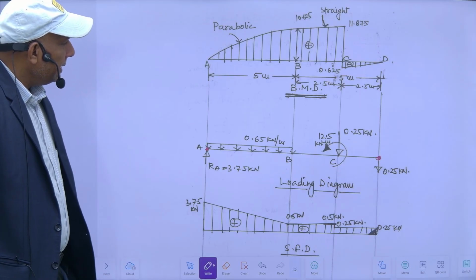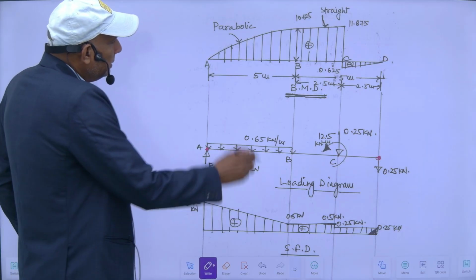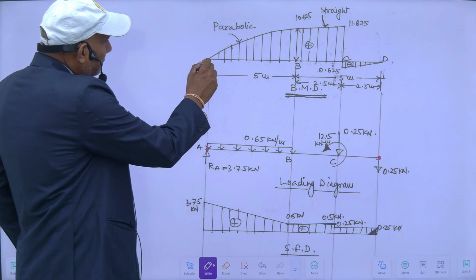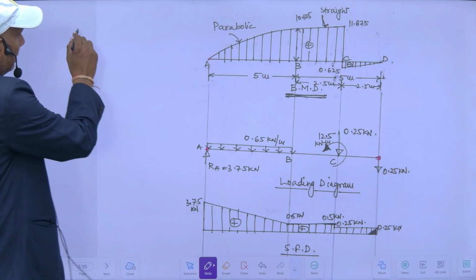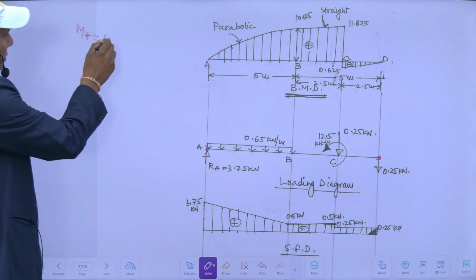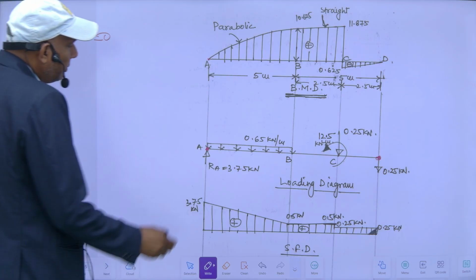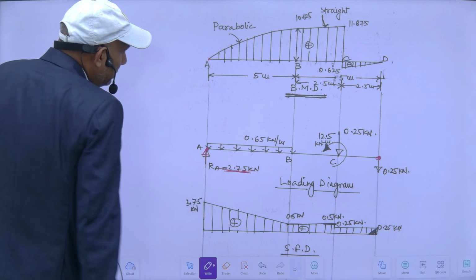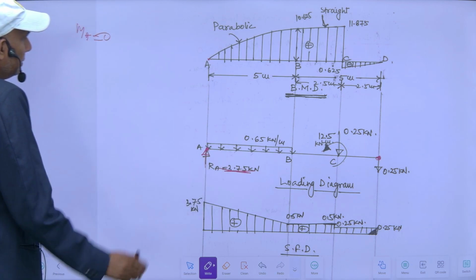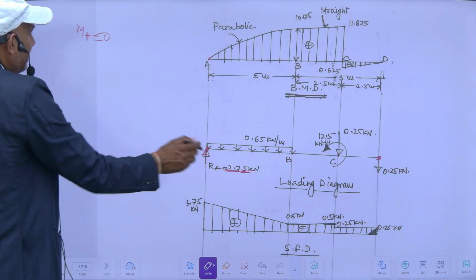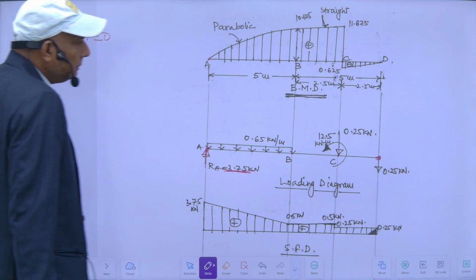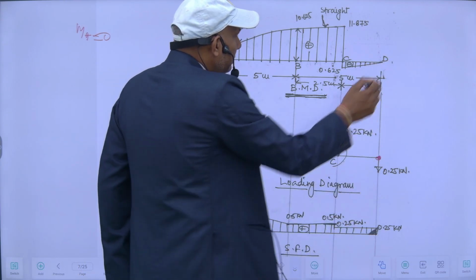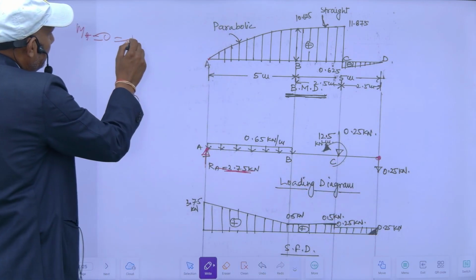So if I see, my bending moment at this point A is 0. MA is 0, so obviously there is a vertical support. The bending moment at the hinged end is 0, and at this end also my bending moment MD is 0.